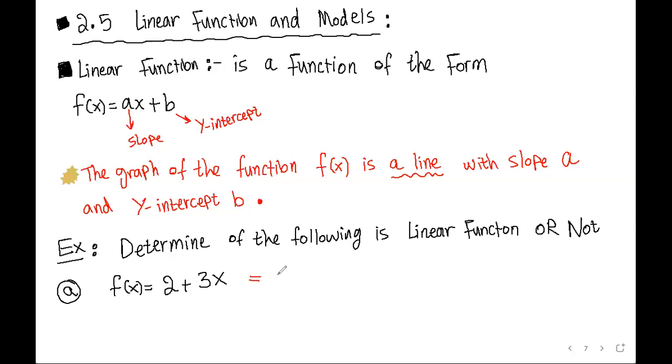So if I want to make it the same as this one, it is equal to 3x plus 2. Since 3 is the slope, this is a, and this is the y-intercept, the b. So this function is linear.